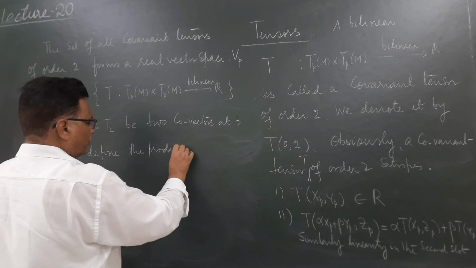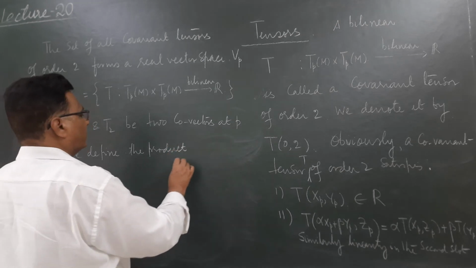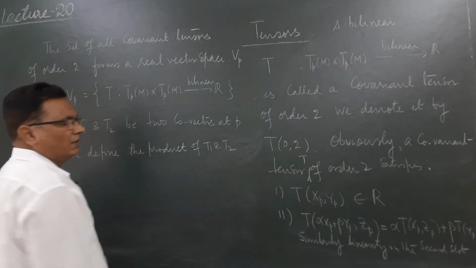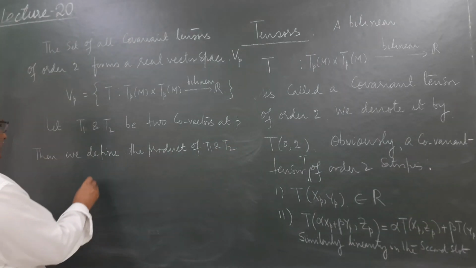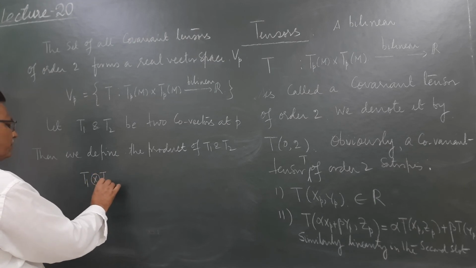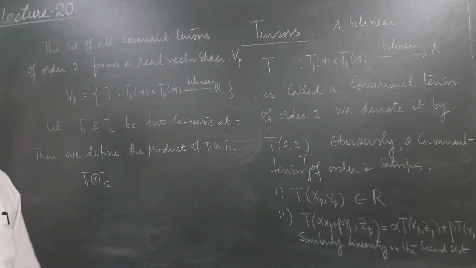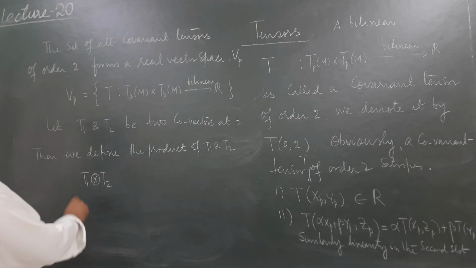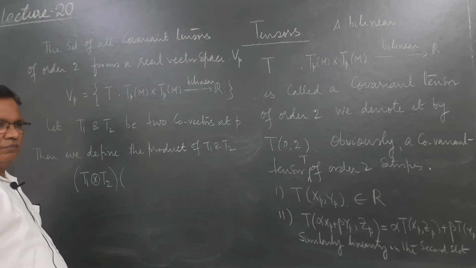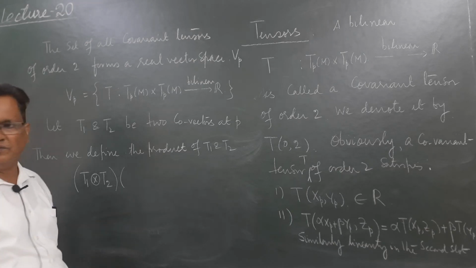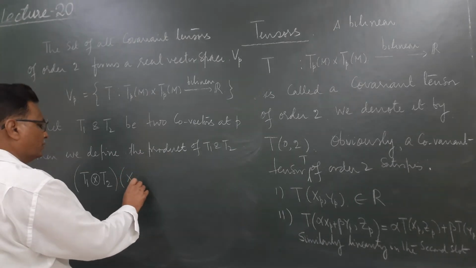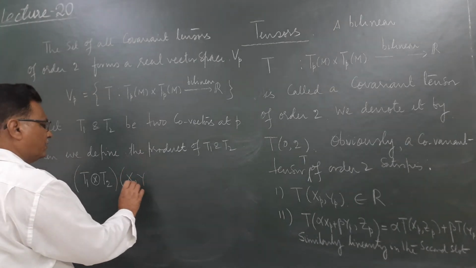एक खास किस्म की प्रोडक्ट है. We define the product of T1 and T2 and we call it tensor product, T1 ⊗ T2. ठीक है. And I define it as a map on the Cartesian product of the tangent space. So it must operate on (xp, yp).